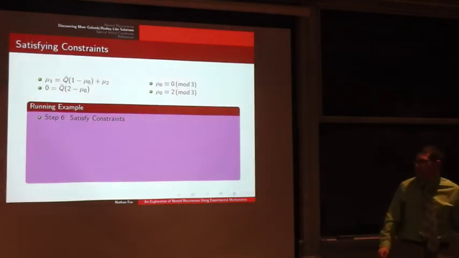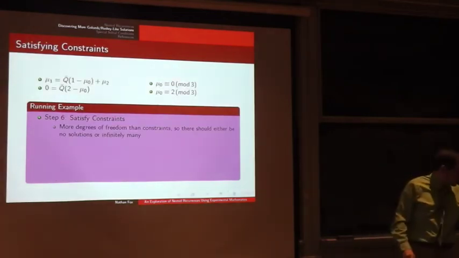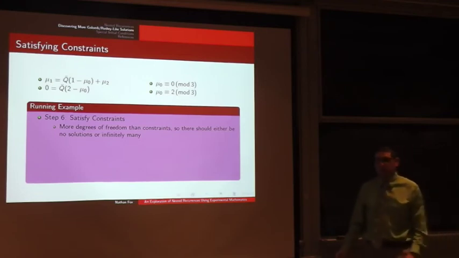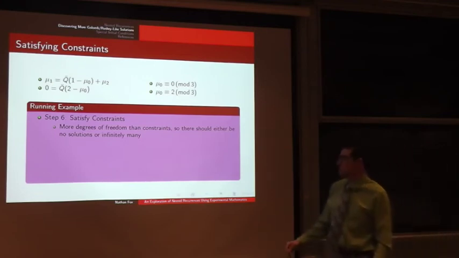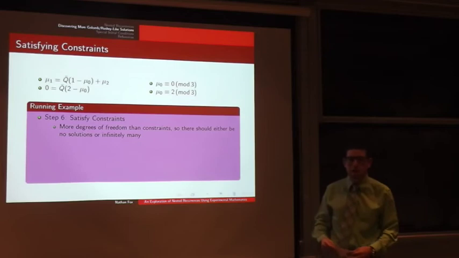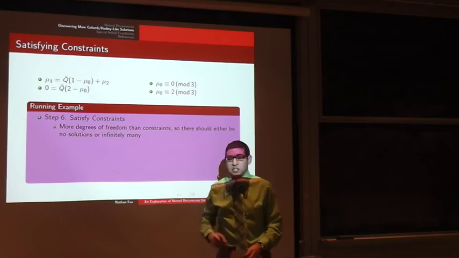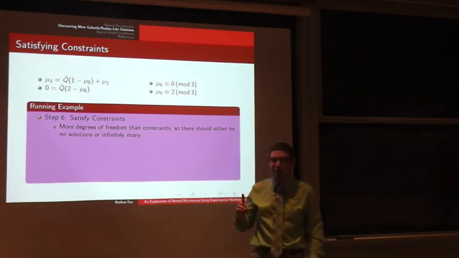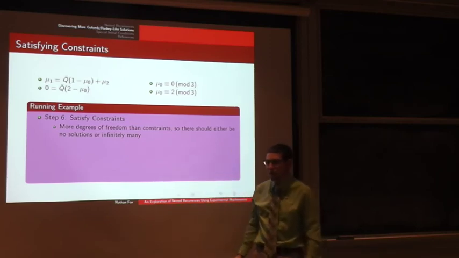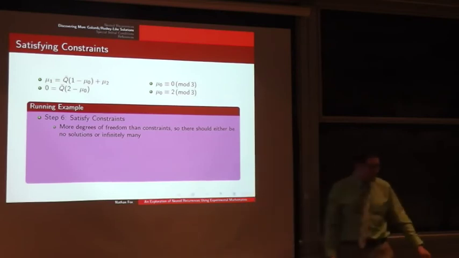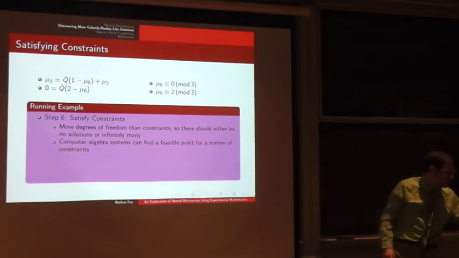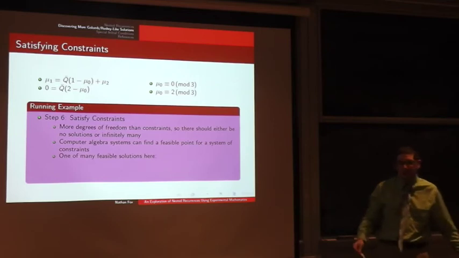Once we have our constraints, we try to satisfy them. Usually we have more degrees of freedom than we have constraints, so if there are solutions, there's usually an entire family of solutions. What I have up here in this example is not just one solution to the Q recurrence. It's actually an infinite family of solutions to the Q recurrence. We have these constraint systems, and Maple knows how to solve these.